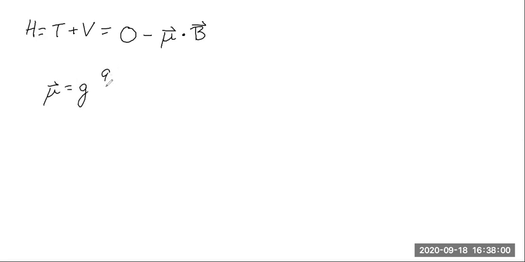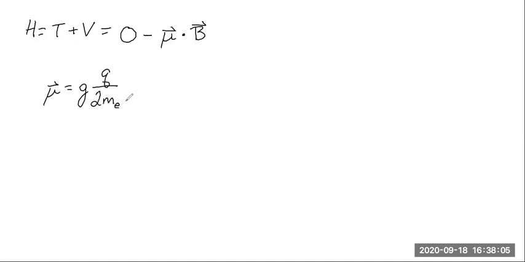In general, remember that we are looking at Hamiltonians that are time independent. They are equal to kinetic plus potential energy. If you're in a magnetic field, then the energy in this particular case that we're going to consider is 0 minus the dipole moment mu dotted into the magnetic field B. So mu is the dipole moment of a particle, and due to its spin, it's going to have a dipole moment of g times the charge divided by 2 times the mass, times its spin.